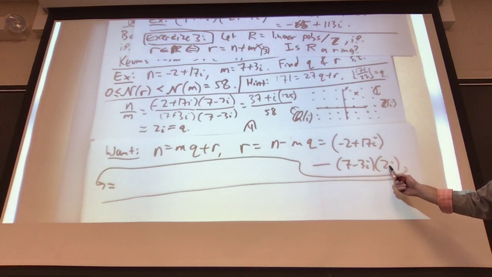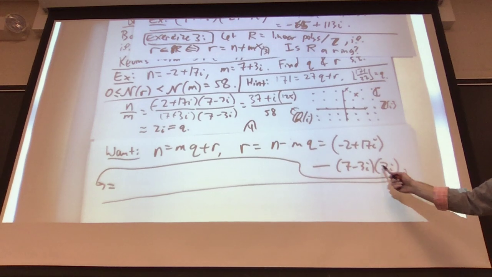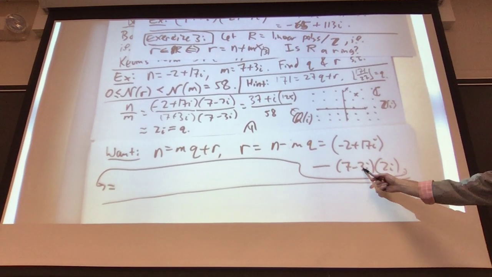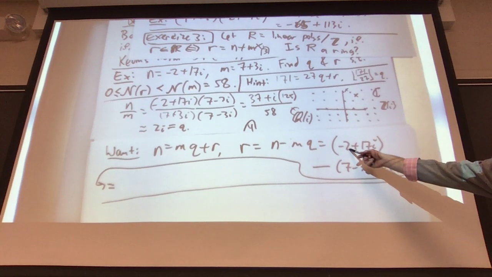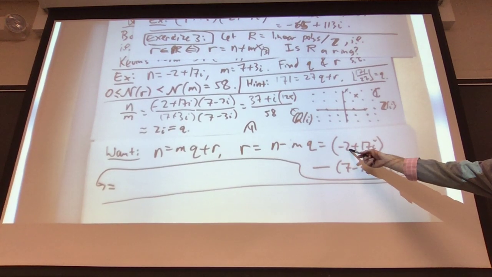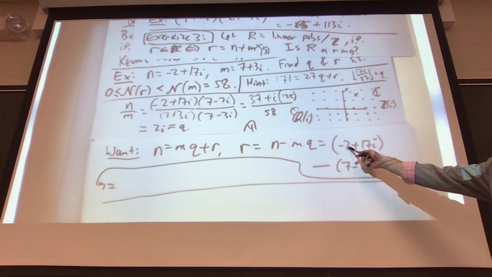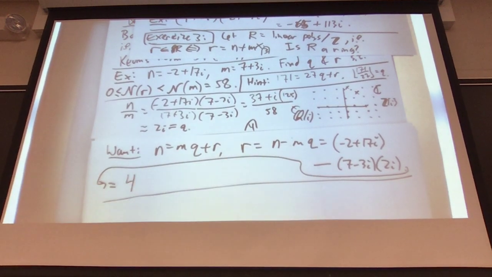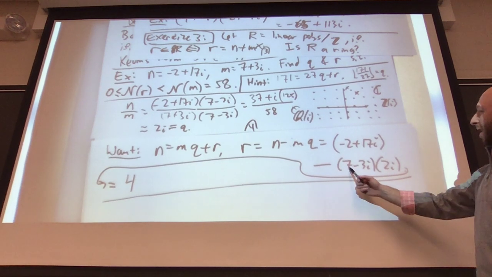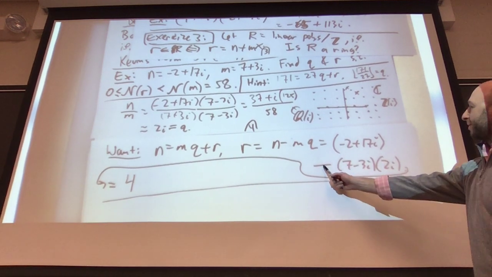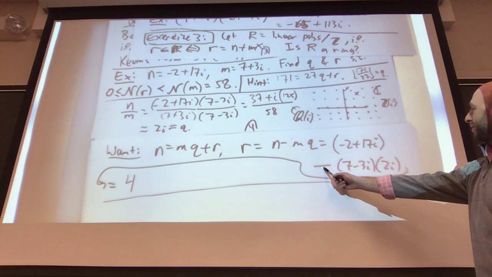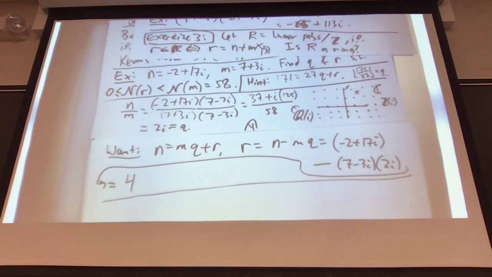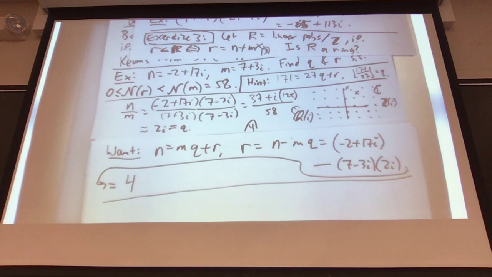Actually, it's not even that bad. Negative times i squared is plus 6. So if I'm adding 6, I get 6 plus negative 2, 4. Are you guys checking this, I hope? Did I do this wrong? Negative 8? Guys? 7 plus 3i.